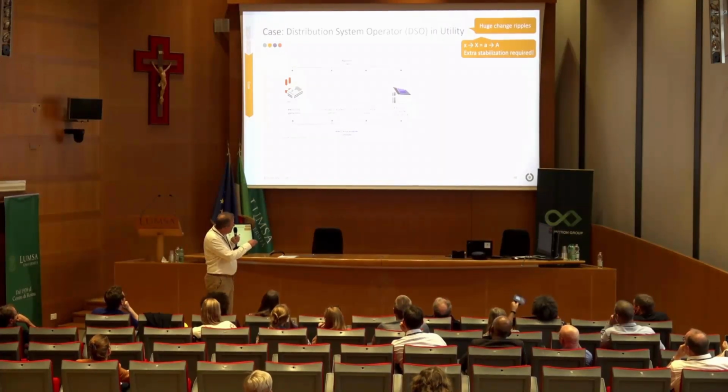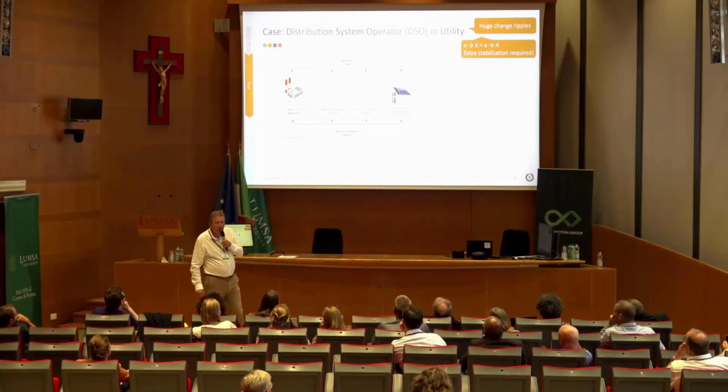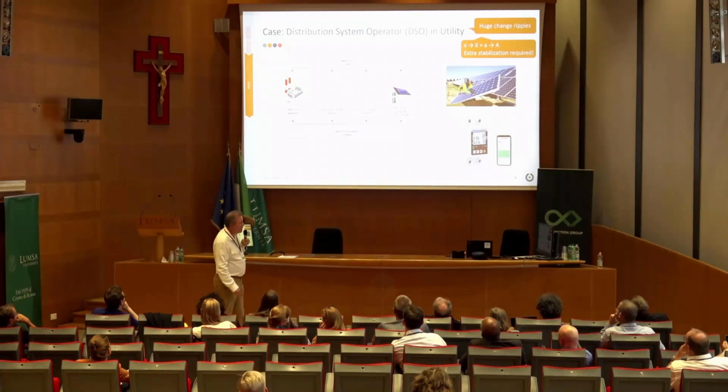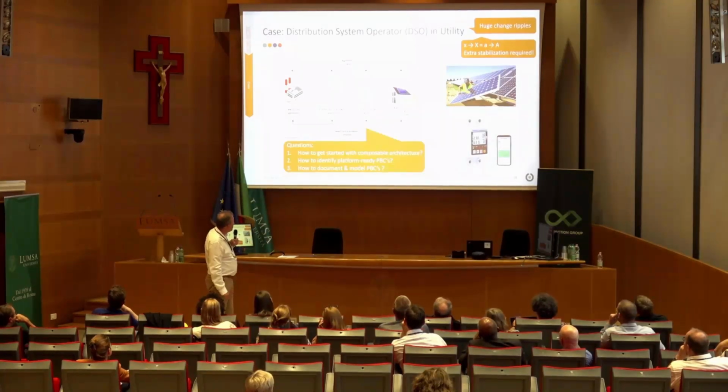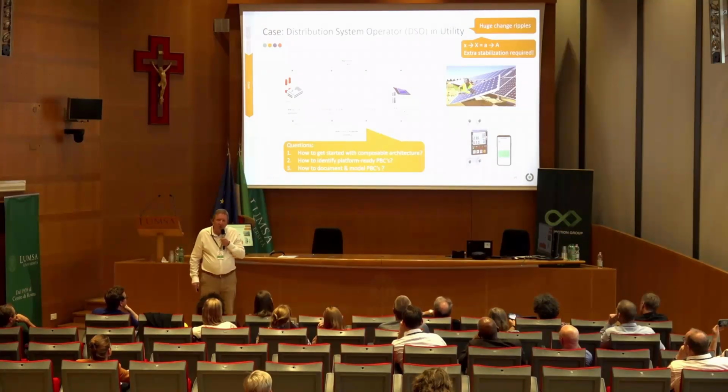A specific case are the prosumers, the producers-consumers, the ones having solar panels and digital meters. And that has change ripples on the role of a DSO, which was rather back-end batch-oriented, now is really front-end, really proactive. So they came to us with some concrete questions.